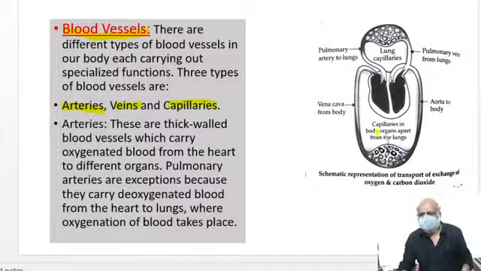Arteries are thick-walled blood vessels. See here, this is the main artery, aorta.